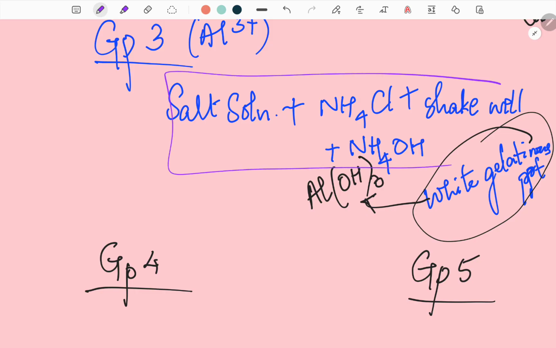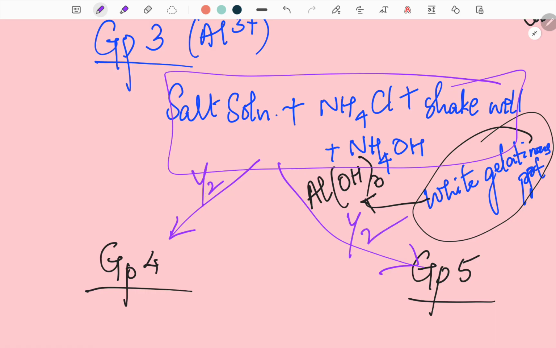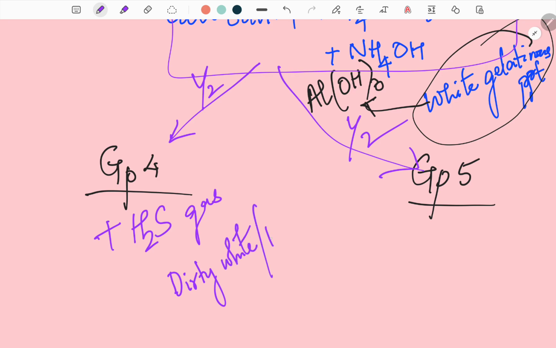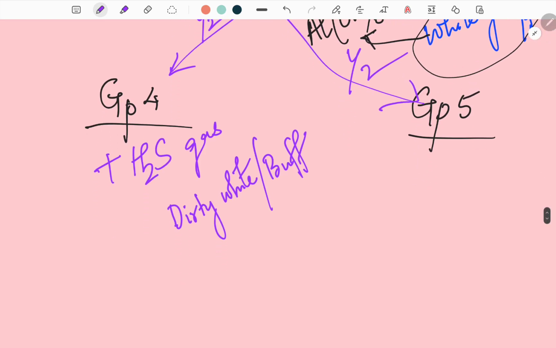So you take the solution in the test tube and divide it into two halves. In the first half, you have to pass H2S gas through it, and if you are getting a dirty white precipitate or a buff colored precipitate, then that means group 4 is present.